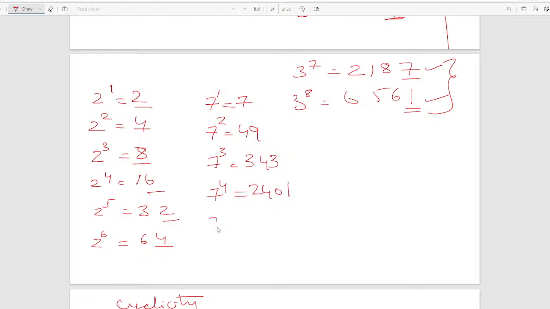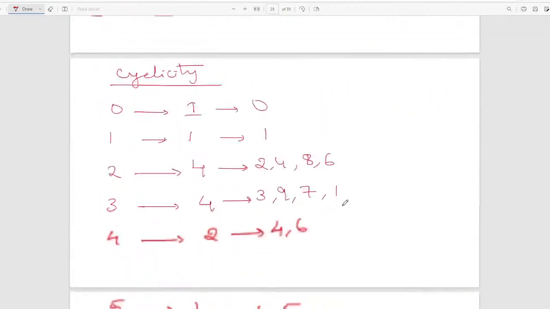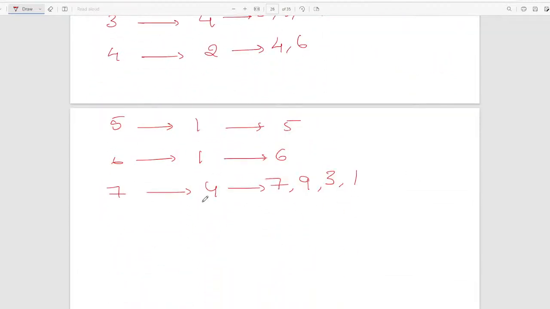And 7 raised to 5 is 16807. This 7, 9, 3, 1 will repeat again. So the pattern is 7, 9, 3, 1 and the cyclicity is 4.